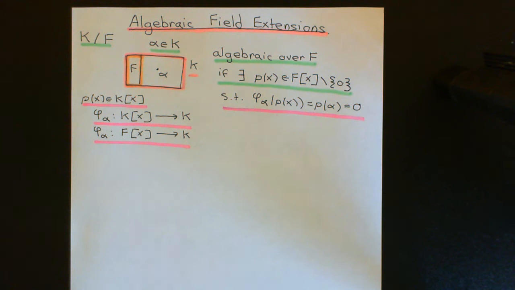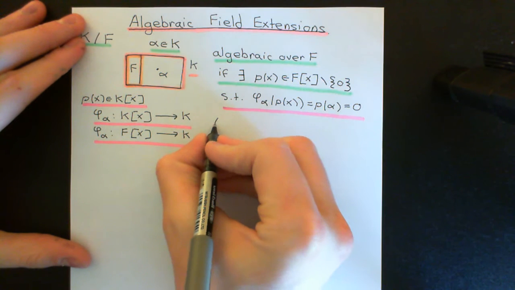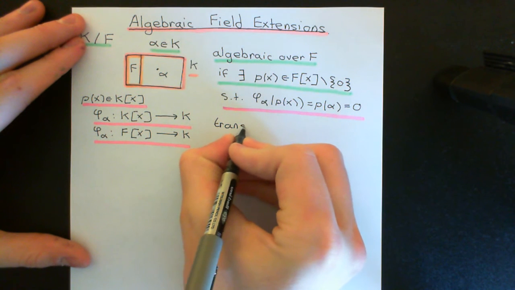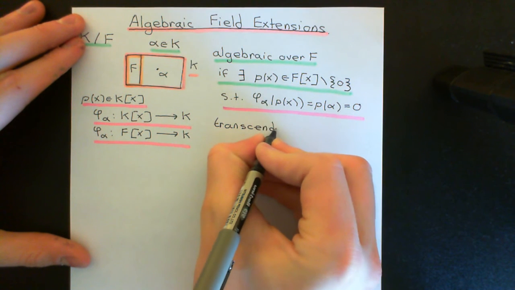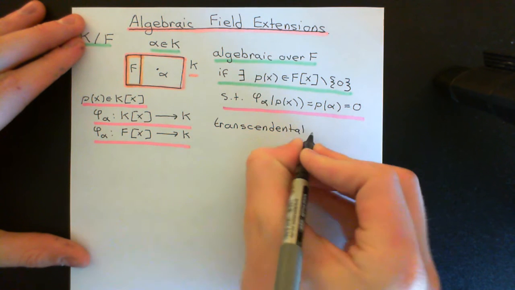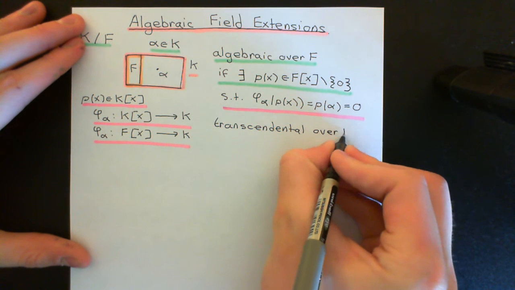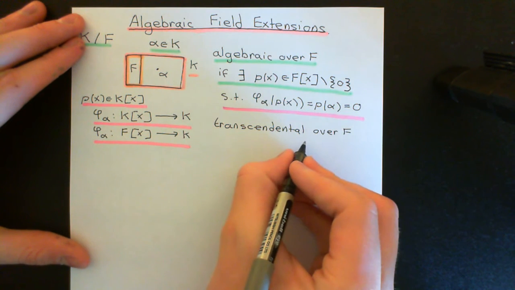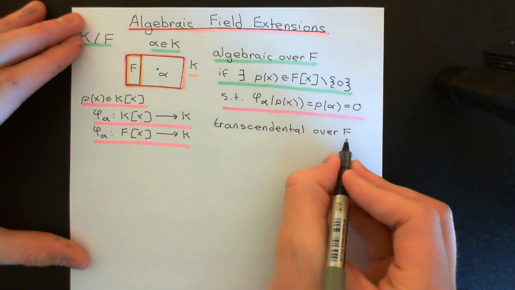Okay, right. Now, if an element is not algebraic over F, so there is no non-zero polynomial which, when evaluated at alpha, gives you 0, so no polynomial in the ring of polynomials over the field which has that element as a root, then we call the element transcendental over F. So elements can either be algebraic over F or transcendental over F, and again, when calling something transcendental, you must put the "over F".